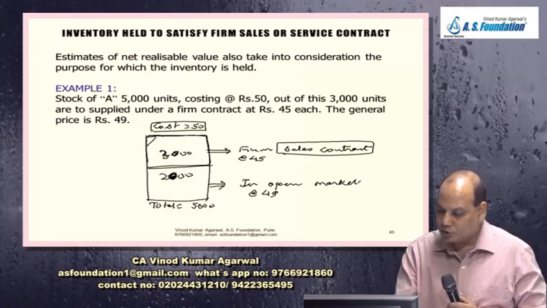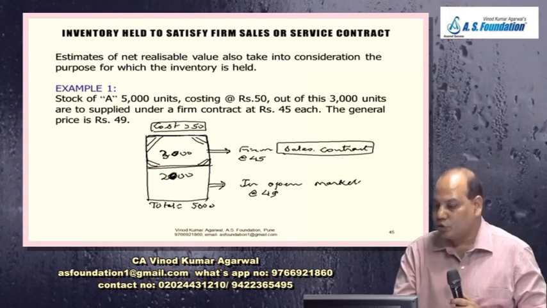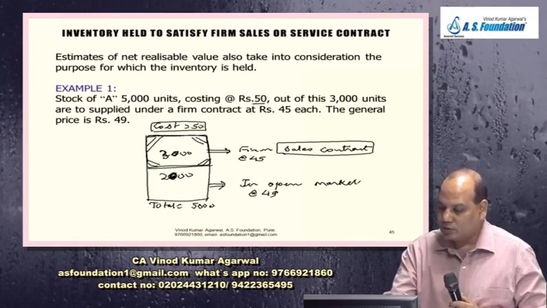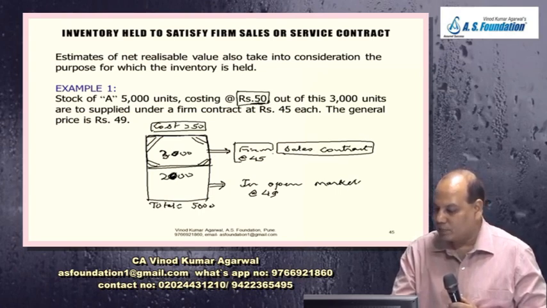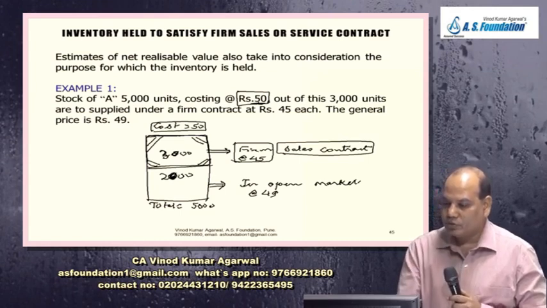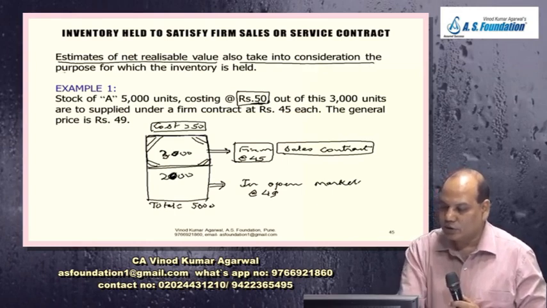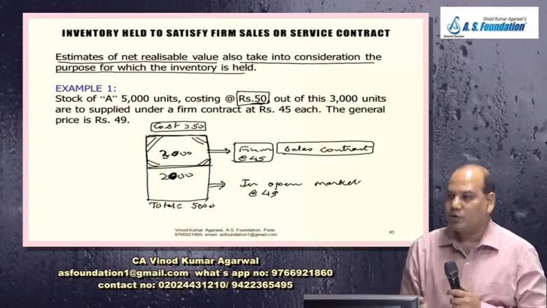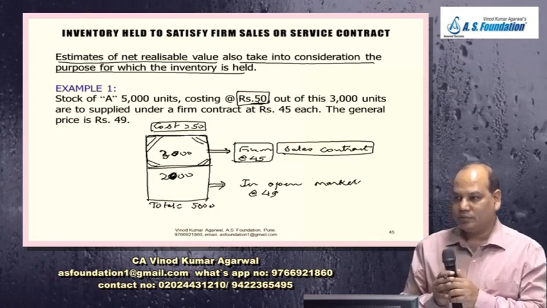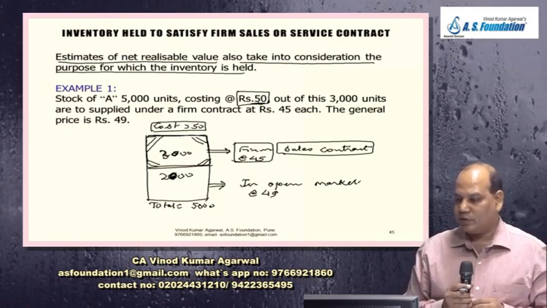Now this portion of the inventory, which is going to be sold under a firm sale contract, you will apply the principle here: 50 rupees or the selling price under the firm sale contract, whichever is lower. That is the meaning of this line: estimate of NRV also takes into consideration the purpose for which the inventory is held.